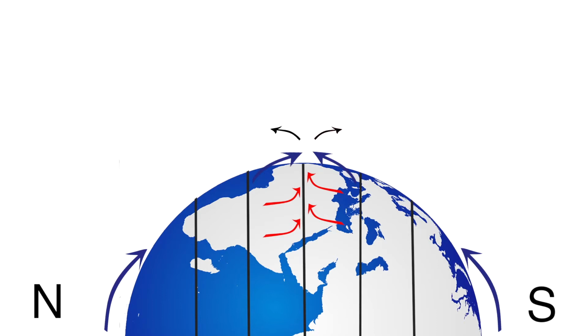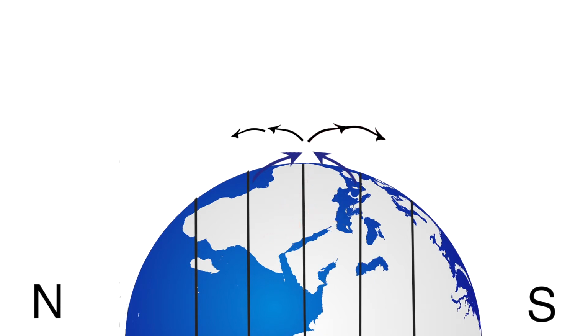Now, something very surprising happens, and this surprise explains much of the motion of global wind patterns. As the air rising from the equator is pushed poleward, it builds up in an extremely cold shaft of air at approximately 30 degrees latitude in both the northern and southern hemispheres.